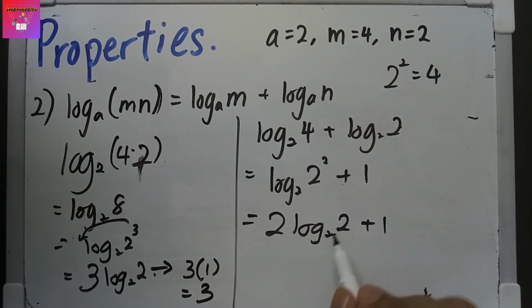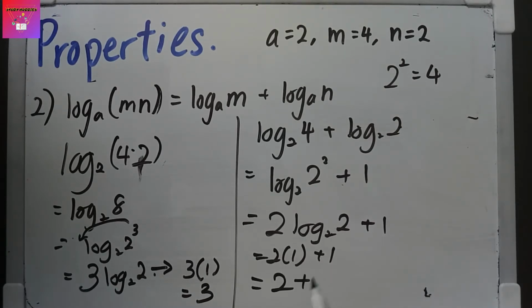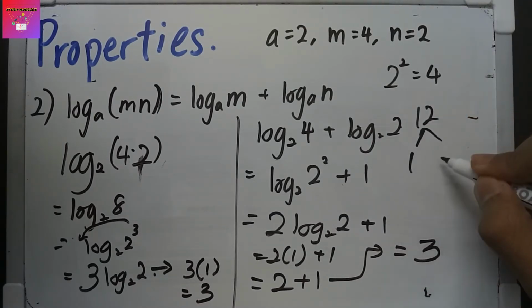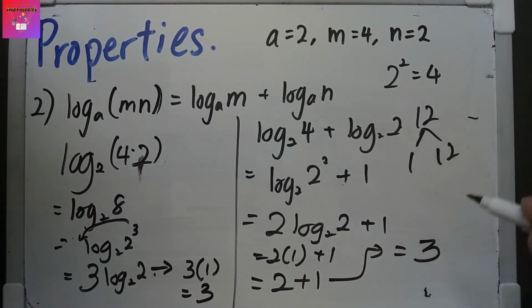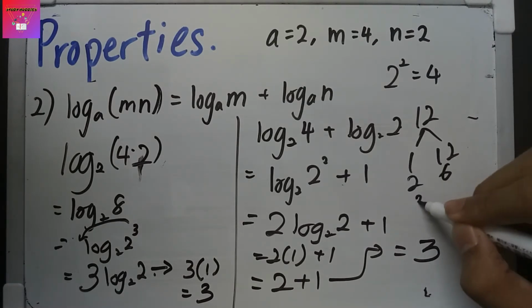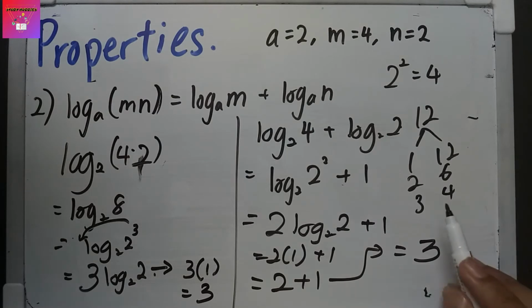Log base 2 of 2, same number. So 2 times 1 plus 1 becomes 2 plus 1, and therefore the answer is 3, hence proving that this side and this side are the same. So whenever you see any number, like let's say 12, you can just split its factors, like 1 times 12, 2 times 6, 3 times 4, and then you can substitute as individual numbers.